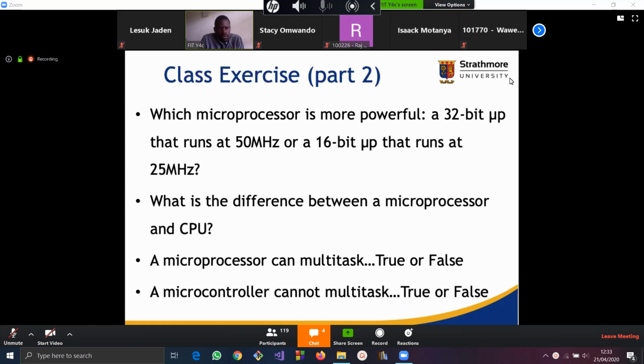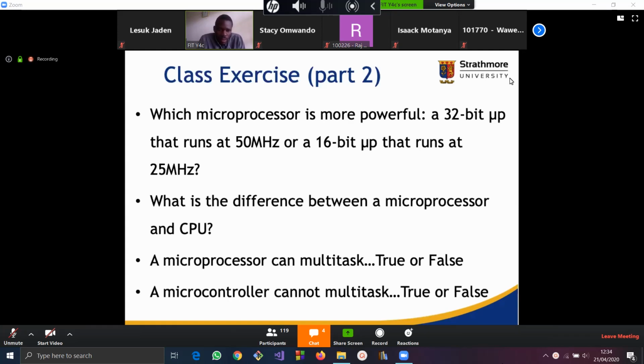The answer to this question will give you hints to the next two questions. A microprocessor has one or more CPUs. If you want to be very direct, then a microprocessor is composed of one or more CPUs.